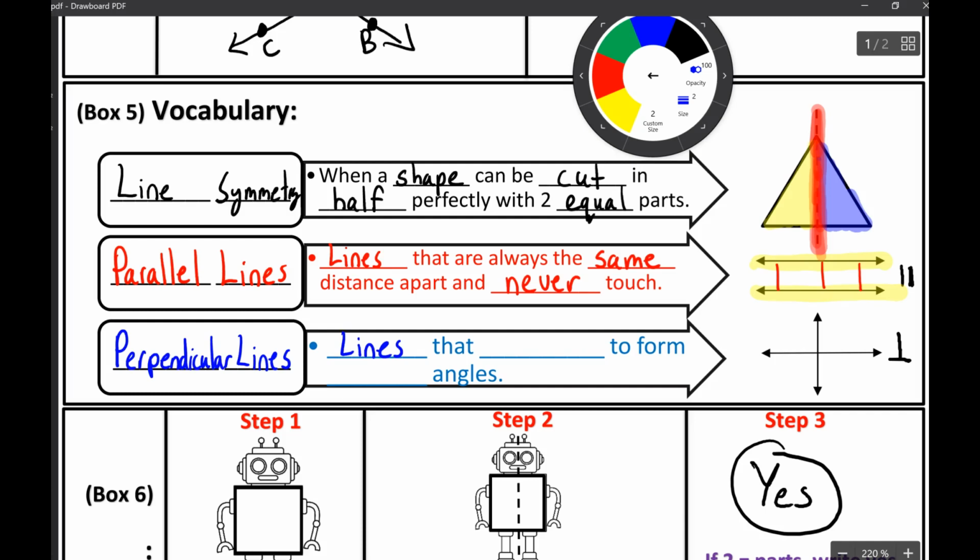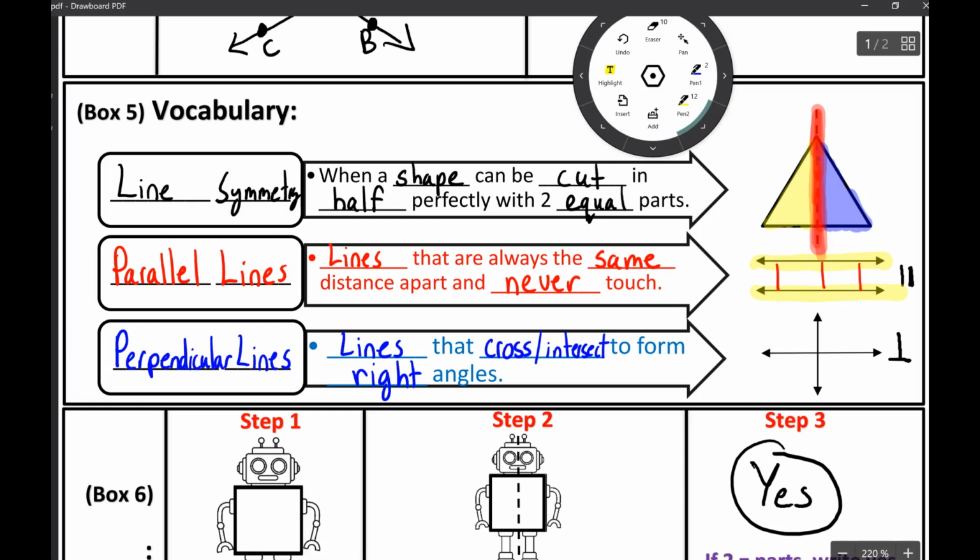It doesn't really matter. You can say one or the other. Cross / intersect to form right angles, okay? Perpendicular lines, one more time, lines that cross / intersect to form right angles.